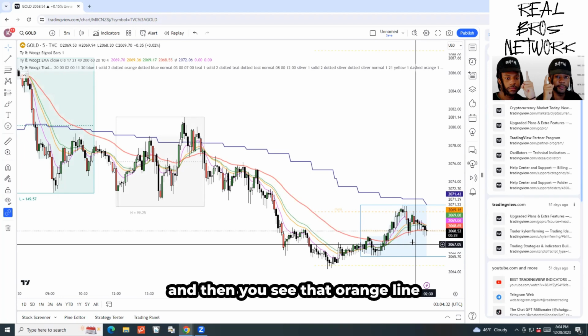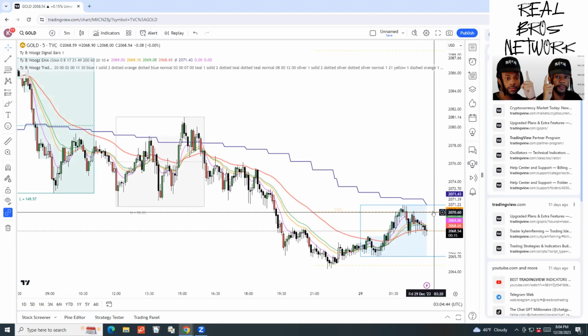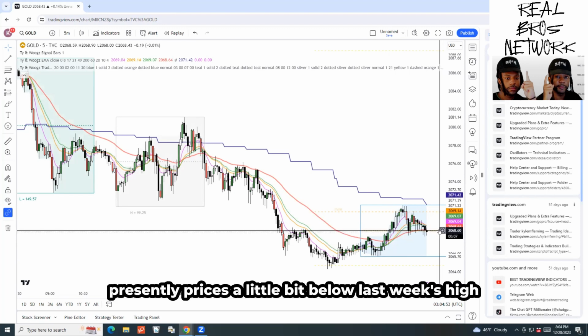Okay. And then you see that orange dotted line right here? That orange line represents the previous week high. Previous week high. Okay. For last week. This is the price right now, presently. The price is a little bit below last week's high.